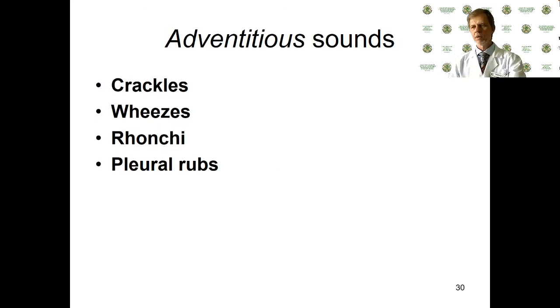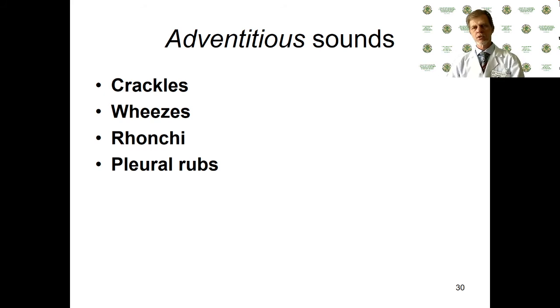Okay, we talked about the main breathing sounds, vesicular or bronchial. But also, examining lungs, we can find adventitious sounds. Adventitious sounds are known as crackles, wheezes, rhonchi, pleural rubs.